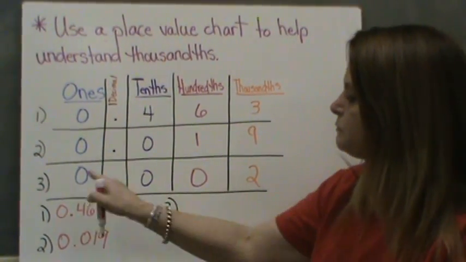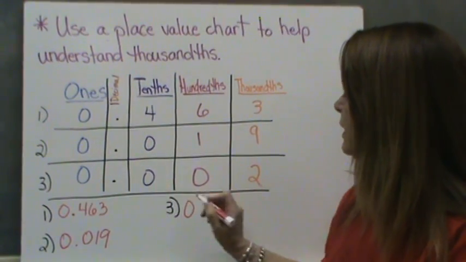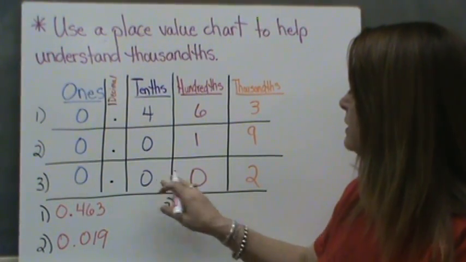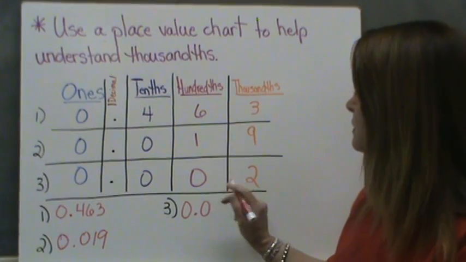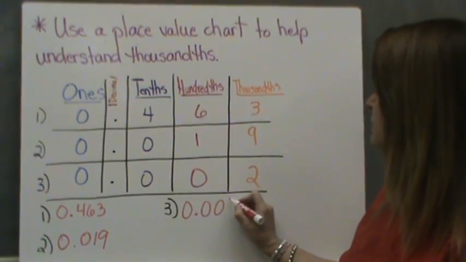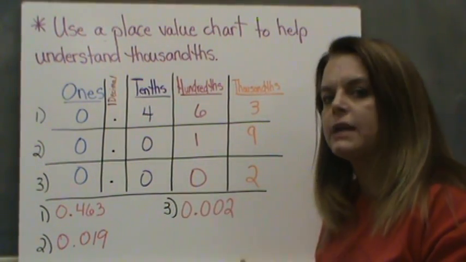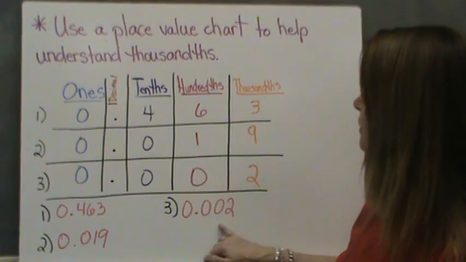One more. I have 0 ones. Bring down my decimal. 0 tenths, 0 hundredths, and 2 thousandths. Same thing. I'm going to read it the same way, even with these zeros in here.